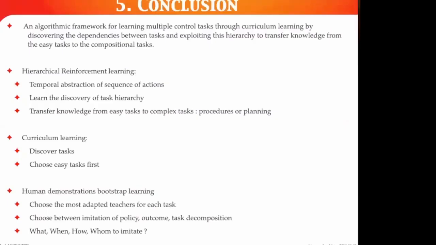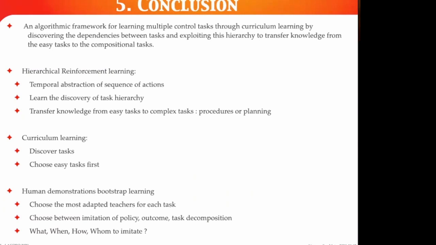We have presented SGIM and SGIM that constitute algorithmic framework for learning multiple control tasks through curriculum learning by discovering the dependencies between tasks and exploiting this hierarchy to transfer knowledge from the easy task to the compositional task.